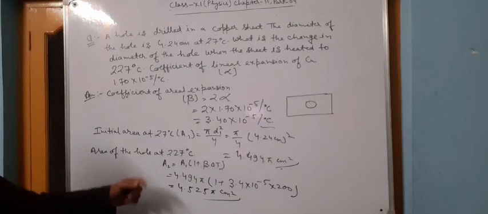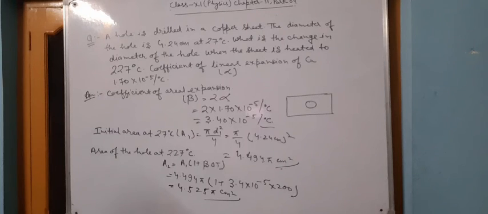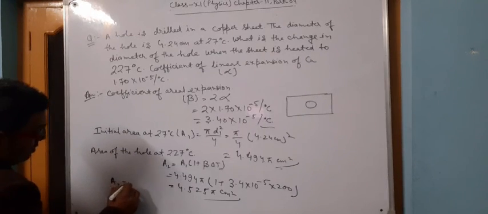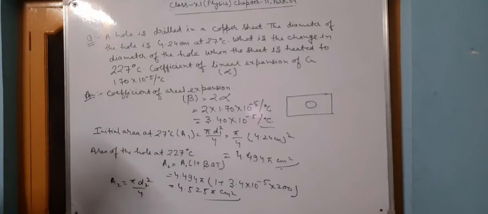Now since we have got the value of A2, from here we can find the value of D2, because A2 is equal to pi D2 square upon 4, so D2 square is equal to 4 A2 upon pi.